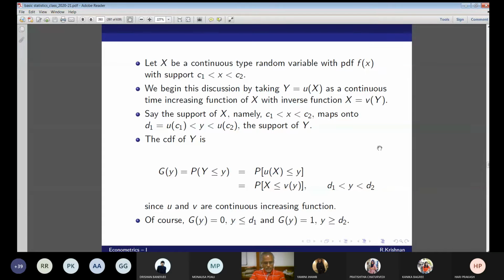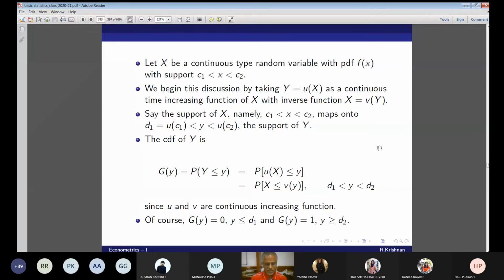So what will be the CDF of y? Gy is equal to P of Y less than or equal to y, equal to P of u of X less than or equal to y, which is P of X less than or equal to v of y. Now y is between d1 and d2, since u and v are continuous increasing functions. Gy equals 0 for y less than or equal to d1, and Gy equals 1 for y greater than d2.